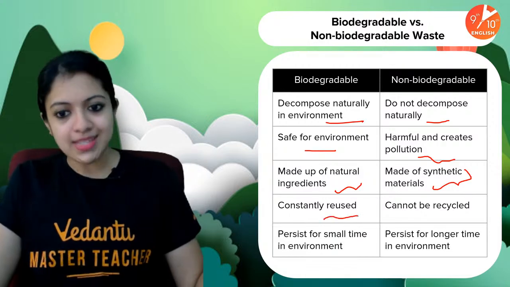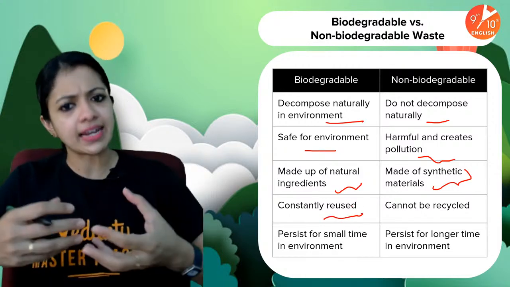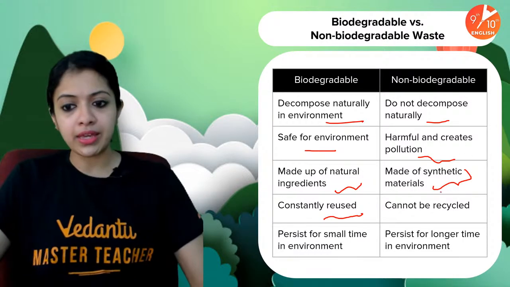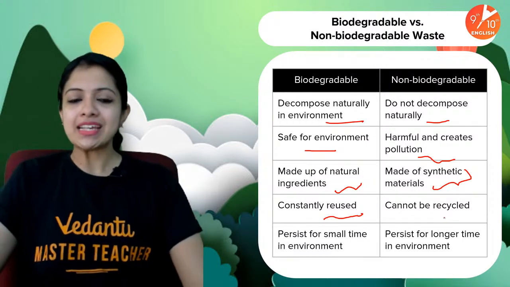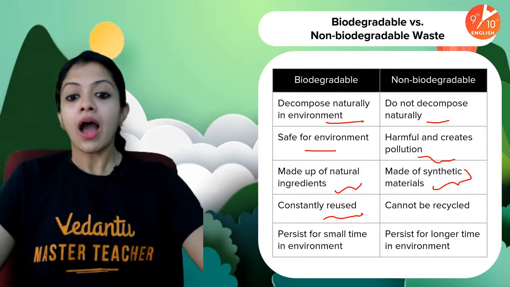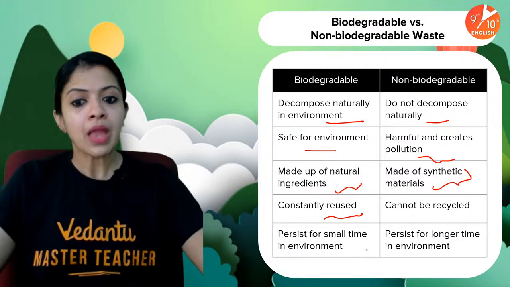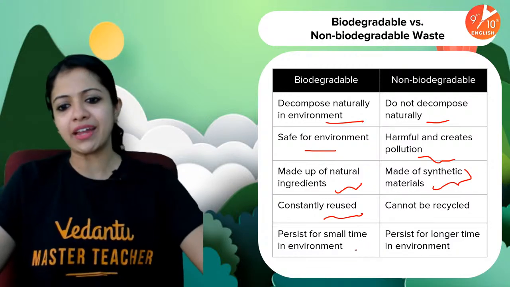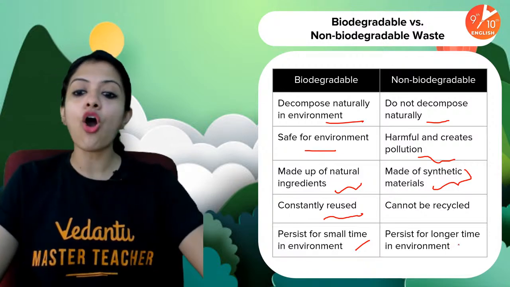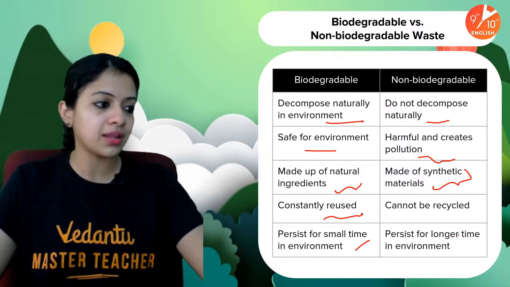Biodegradable may constantly get reused, in the sense decomposed and renewed. Non-biodegradable cannot always be recycled or reused. Biodegradable persists only for a short period of time in the environment, whereas non-biodegradable would persist for a longer period of time.